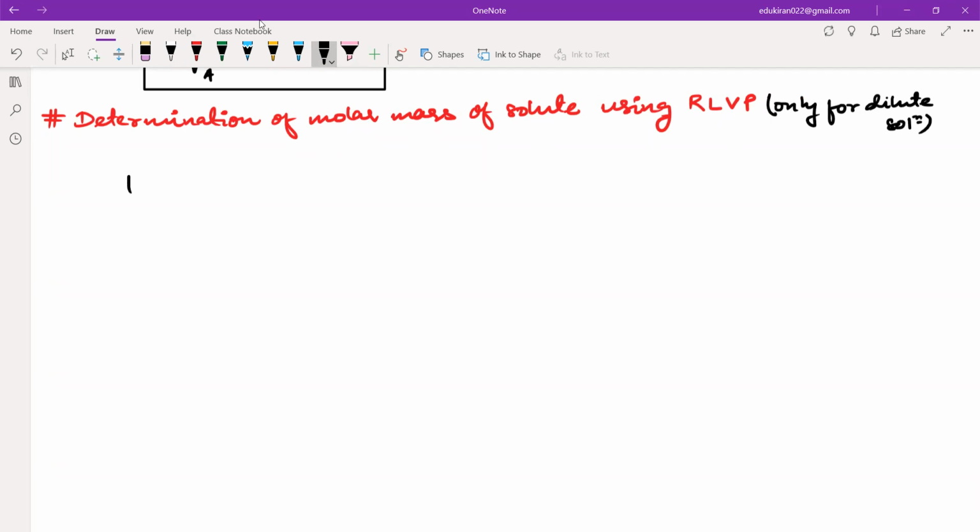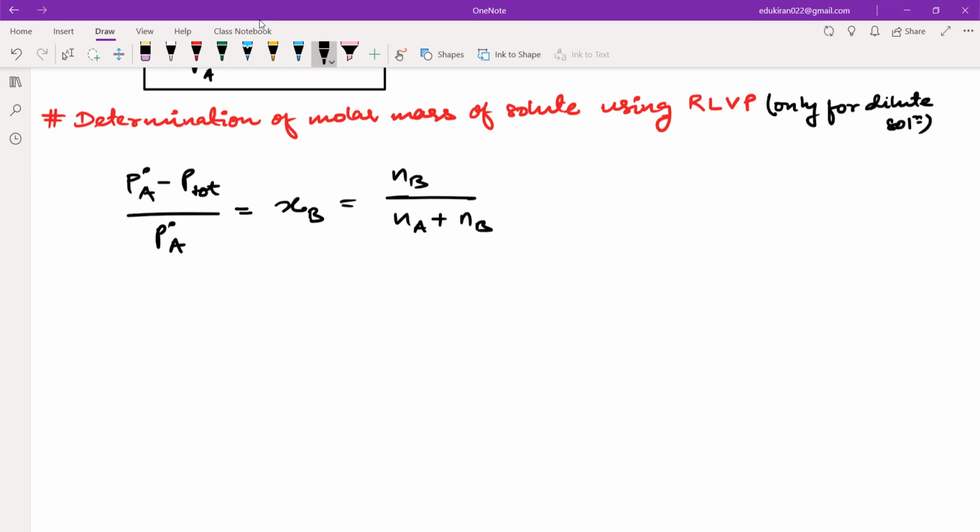Now we have seen what is relative lowering of vapor pressure. It is equal to P naught A minus P total, that is P solution, divided by P naught A. This will be equal to chi B. And we also know mole fraction is equal to number of moles upon Na plus Nb.